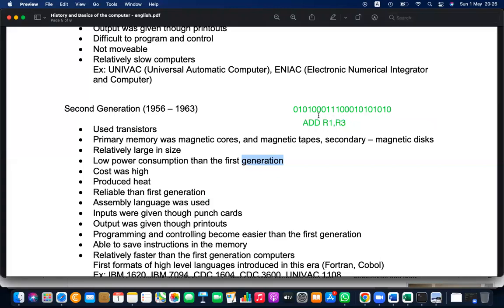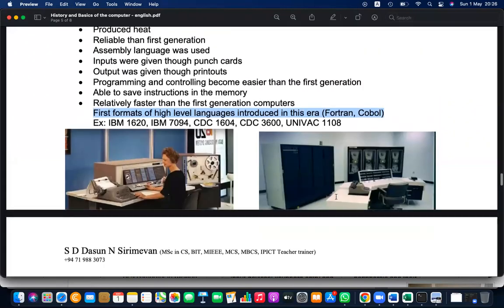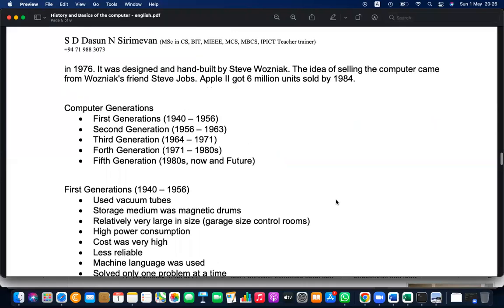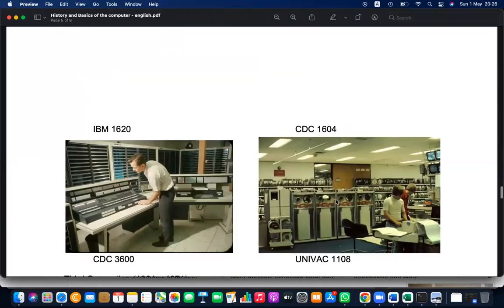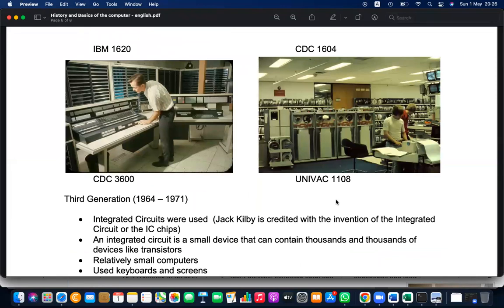Therefore, the computer programming was not much popular. But later with the introduction of high-level languages, this problem was solved. And you can see some images of the second generation computers. Right, these are second generation.